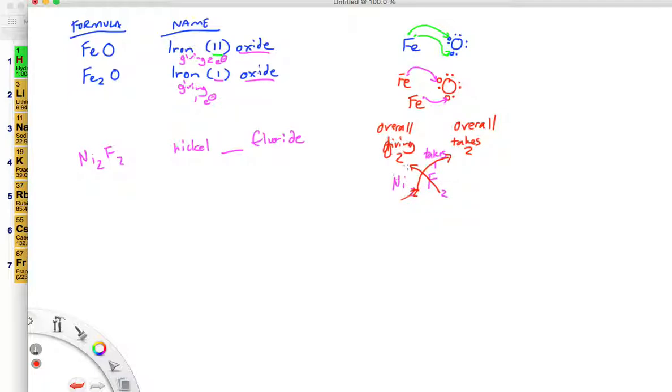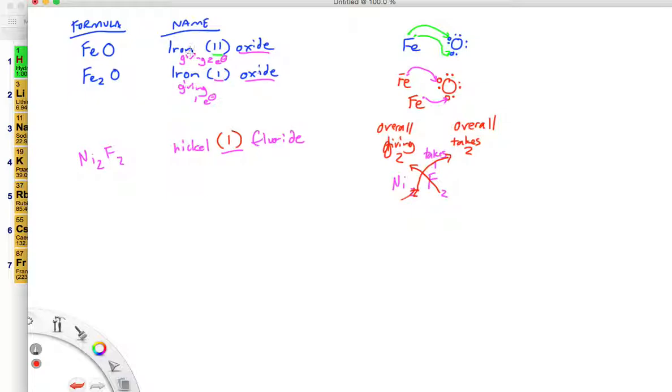And here there are two fluorines, and overall they're taking two, so each one of them takes one. So each one of them is taking one here, and each one of these is giving one. So the final answer must be nickel 1 fluoride. Okay. I hope that made sense.